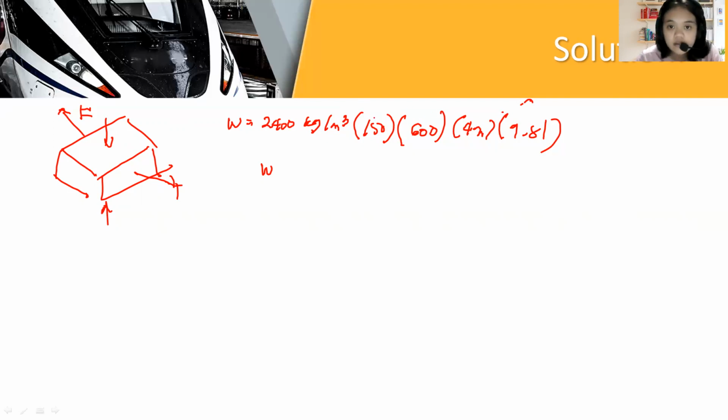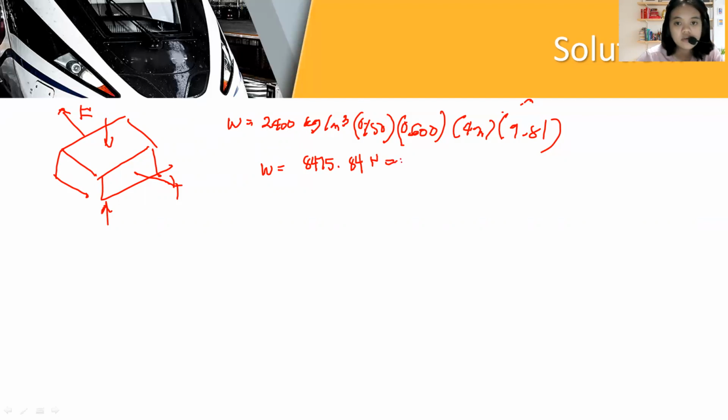Or, I'm sorry, so this should be 0.15 kasi 150 millimeters yan. Then 600 millimeters should be 0.6. And that would give us a weight of 8,475.84. That is in Newton.